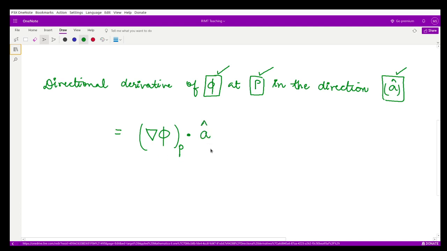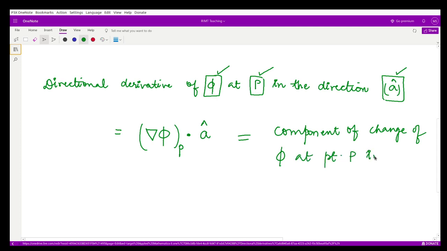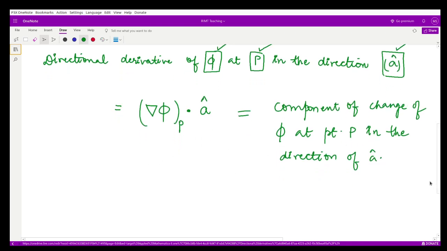So this will give you the component of change of phi at point P in the direction of vector A. So you should remember this formula for computing the directional derivative.